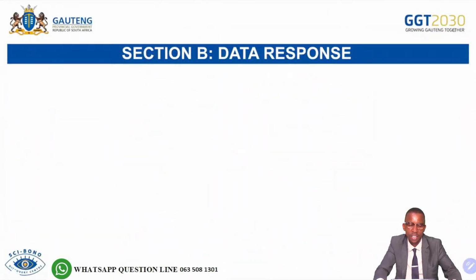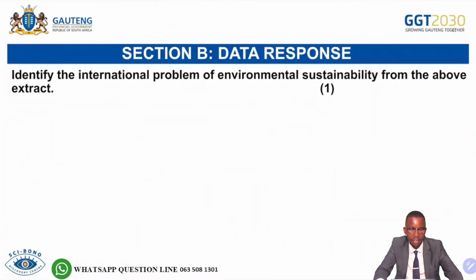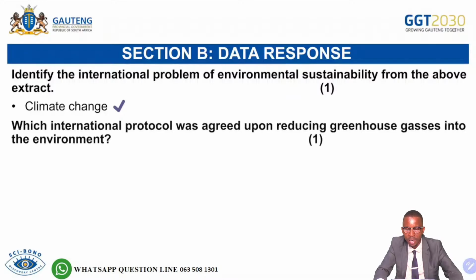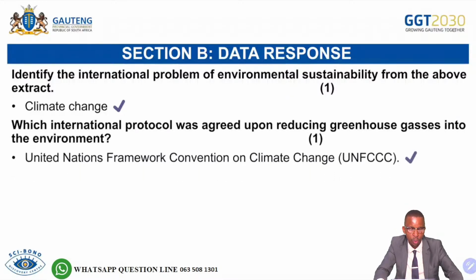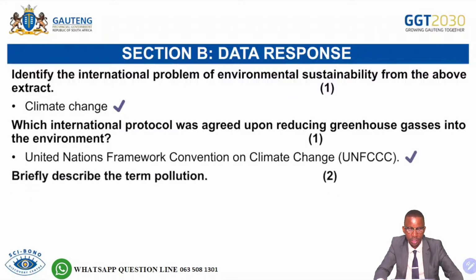It's under environmental sustainability. All right, we check: identify the environmental problem of environmental sustainability from the above, that's climate change. And then which international protocol was agreed upon to reduce greenhouse gases into the environment? It is not there, but we know the United Nations Framework Convention on Climate Change. And then briefly describe the term pollution.